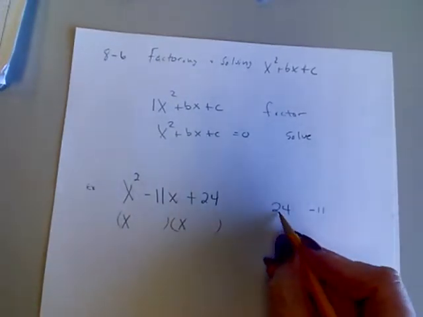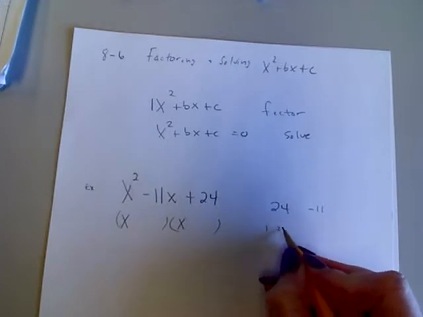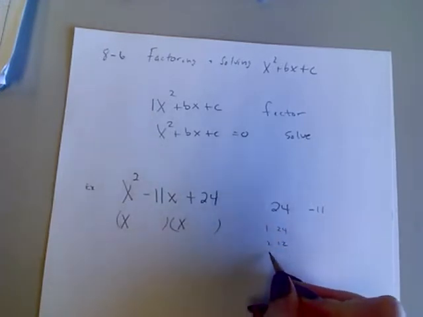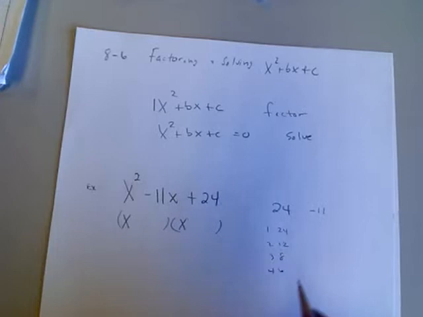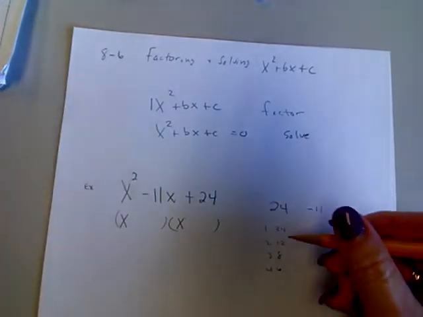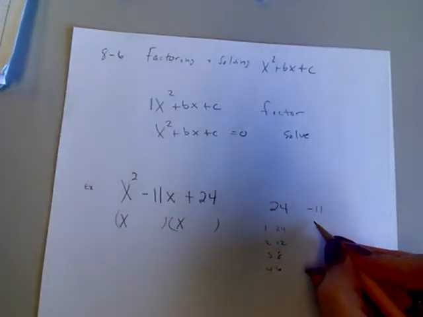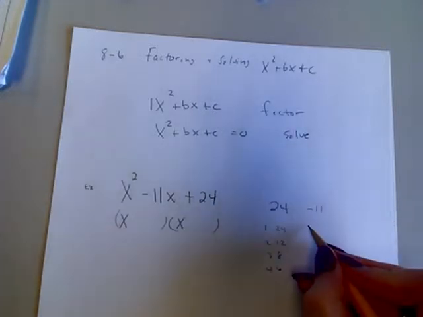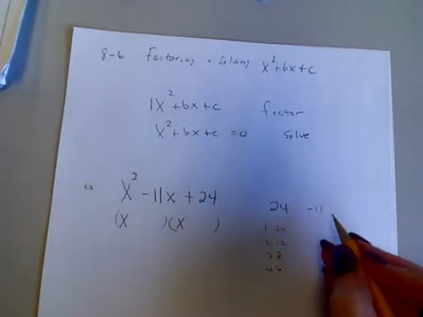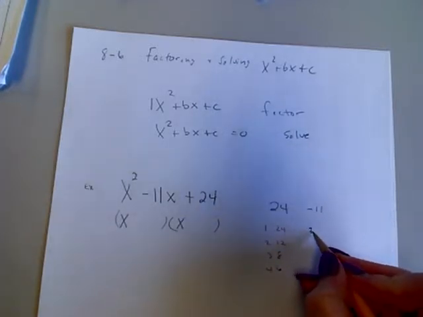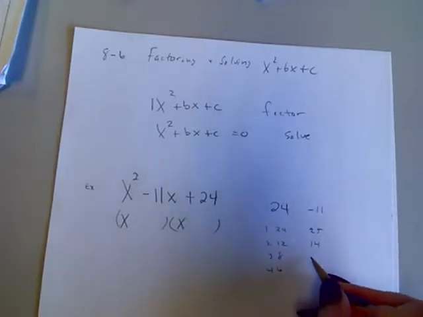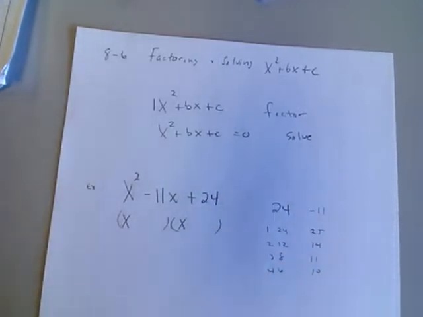So I know the factors of 24 are 1 and 24, 2 and 12, 3 and 8, 4 and 6. If I add these, I could get 25, 14, 11, and 10. So which of these 2 factors should we be using?